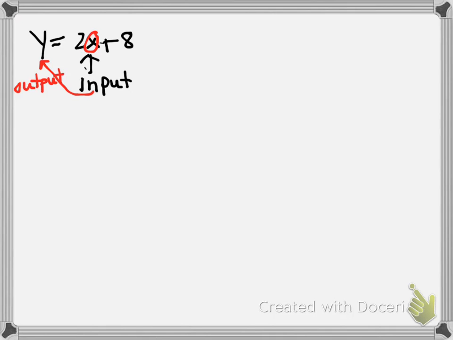So let me tell you what function notation looks like. Function notation says, here's your function. The variable that we're using as our input in this particular function is called x.